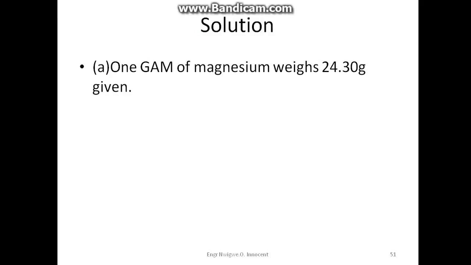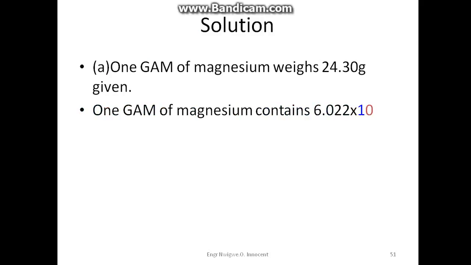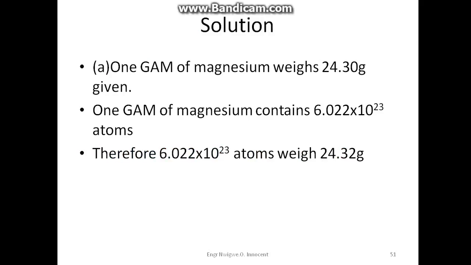Solution. A. 1 gram atomic mass of magnesium weighs 24.30 gram. Given 1 gram atomic mass of magnesium contains 6.02 times 10 raised to power 23 atoms. Therefore, 6.02 times 10 raised to power 23 atoms weigh 24.32 gram.